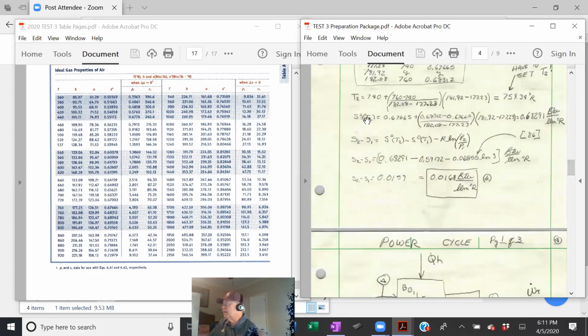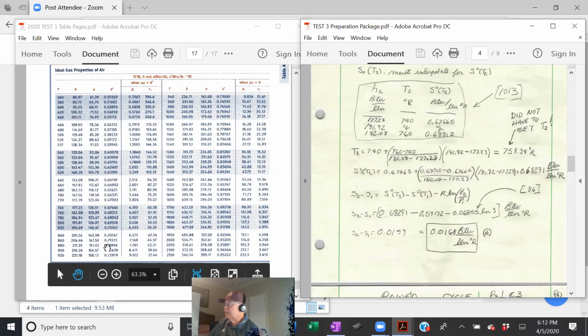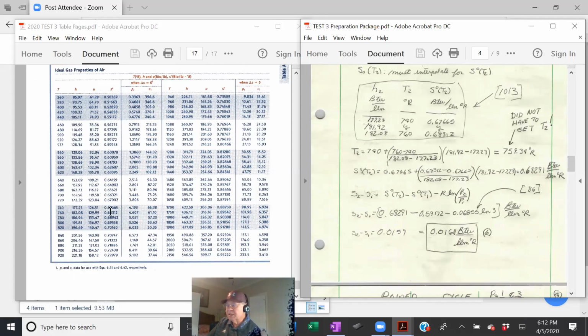But what I really need is S0 too. So I interpolate, look at the tables. 181.92 is right between 740 and 760. At 740, S0 is 0.67665, and at 760, S0 is 0.68312. So I interpolate between those two and get 759.34 degrees. Now I've got everything I need to plug into my equation to get S2 minus S1, or delta S, again per pound mass.